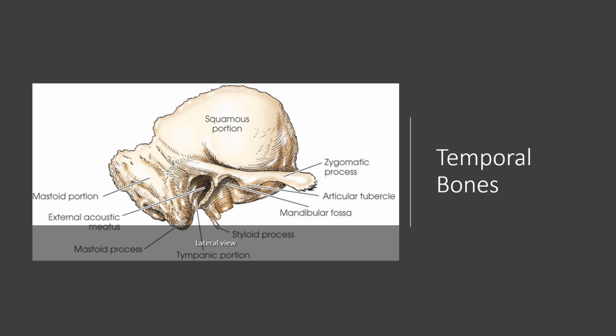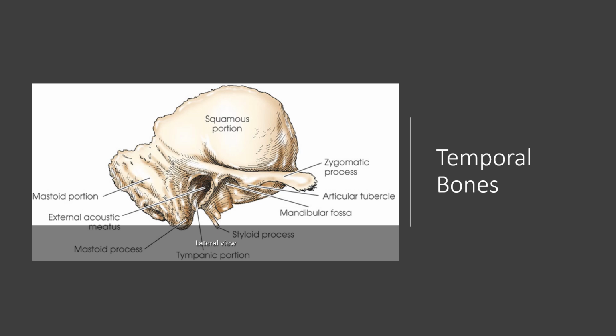The temporal bone. From the side view, it's got a squamous portion, it's got a petrous portion, which is more what I would call medial versus lateral, not really anterior posterior.